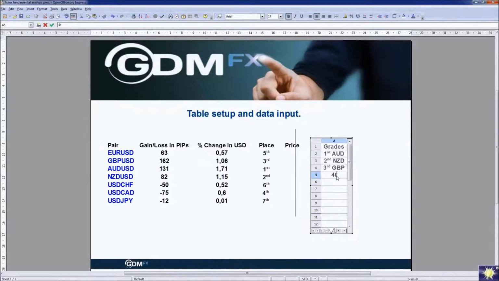Fourth goes for the Canadian. Fifth place for the euro. Sixth place is taken by the Swiss franc. And at the end here at the bottom, but not at the very bottom, seventh place is taken by the JPY. All right, ladies and gentlemen, what are we missing here?